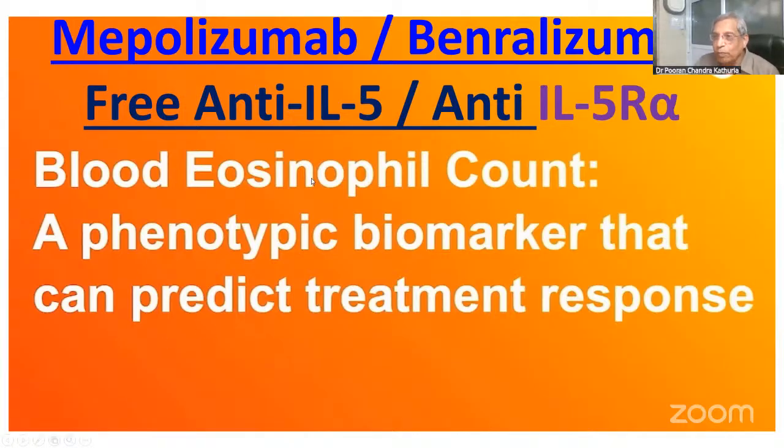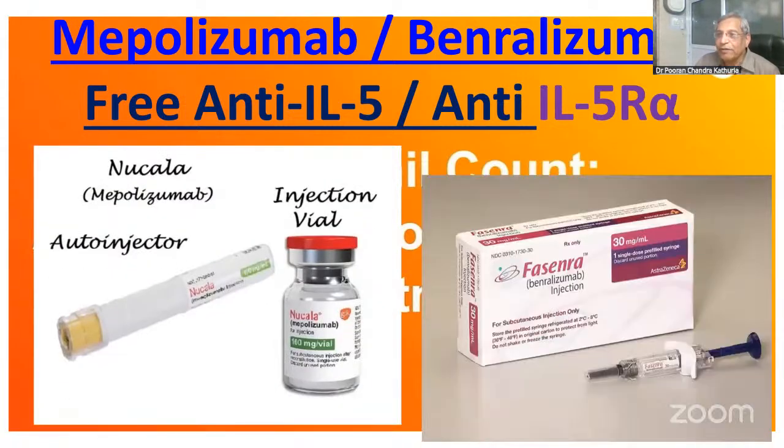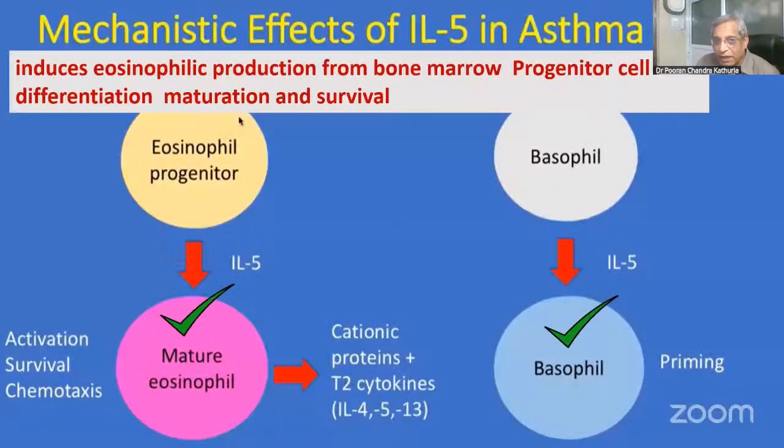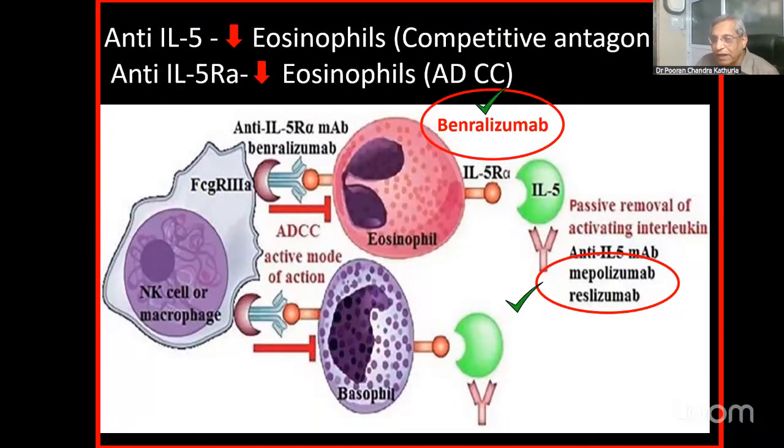We have two biologicals, anti-IL-5 mepolizumab, and anti-IL-5 receptor, which is available under the brand name of benralizumab. So these drugs are there. We know that their functions are different, but the indications are a little bit the same, only EGPA is different, which is indicated for mepolizumab. Most of the studies have been done.